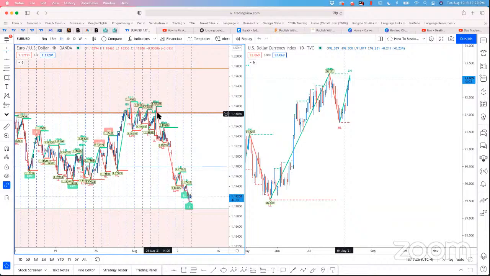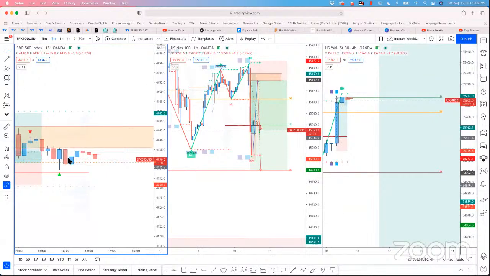On indices, you should at least be able to get a 50 to 100 pip move, even if you're wrong about the direction. Even if it's not ready, you should always get a rejection that's going to give you at least 30 to 50 pips. 50 to 100 pips.